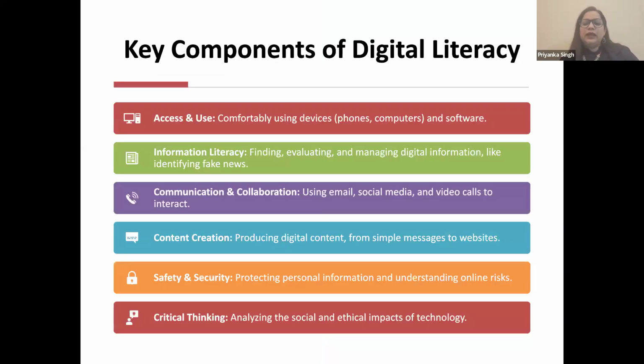Moving ahead, the key components of digital literacy: it is not just that you have extracted the information and so you are digitally literate. No, you should know many multifold things about it. The first one, of course, is access and use. If you are comfortable working with phones, computers, and the software and hardware, and when I say computers and phones, it definitely talks about hardware.